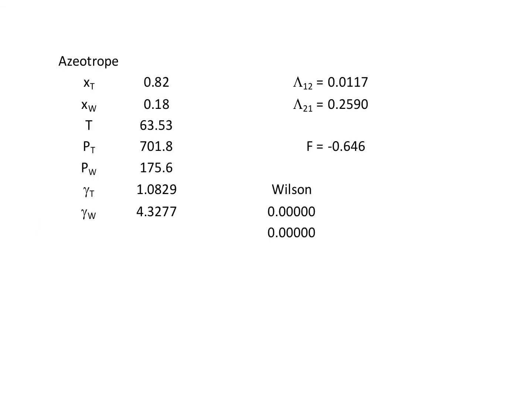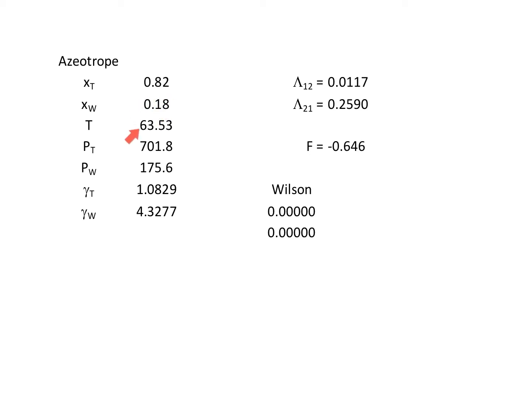Here is a section of the spreadsheet which I'll call Azeotrope, and it'll accompany the tutorial so you can look at it, where I determine the value of the constants lambda 1,2 and lambda 2,1. The azeotrope is about 0.82 mole fraction THF and therefore 0.18 mole fraction water.